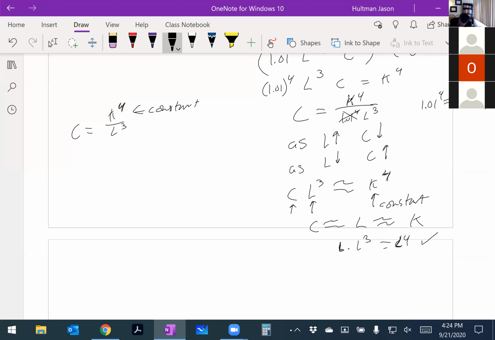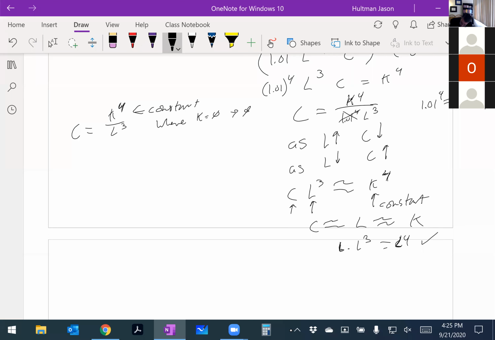Again, it's a constant where K equals some value. Well, it can't be equal to 0 because then, well, it could be equal to 0 actually. If we let it equal 0, then the whole thing just goes to 0. If K is equal to 0, the whole thing goes to 0. Okay, that's not very helpful.